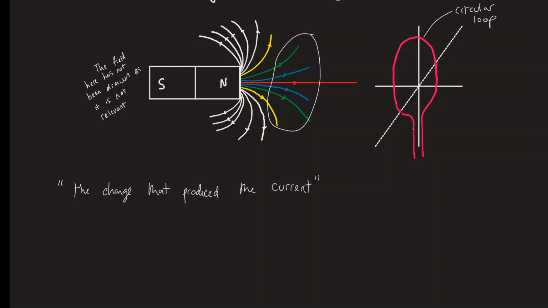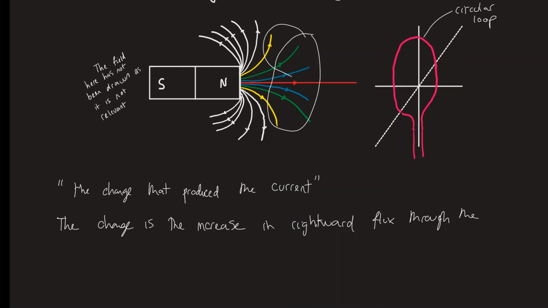So all of this flux, in fact the yellow line was included as well. So the change is the increase in rightward flux, as in just flux that's directed to the right, with arrows that are vaguely pointing to the right. Increase in rightward flux through the loop.